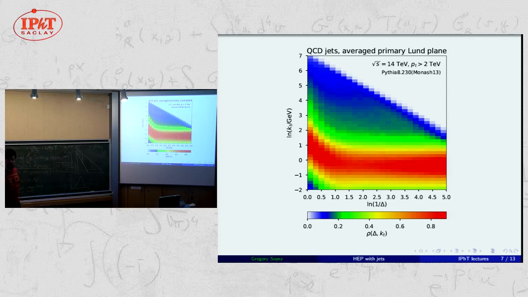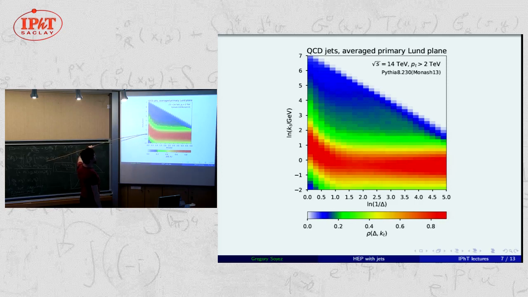So soft and collinear radiation is essentially a constant density. That's what I told you from the beginning, right? You can view leading log as just throwing emissions randomly, uniformly in this plane. And the only thing which is not uniform is the running of the coupling, which runs with kT. And you see this increases as kT decreases.